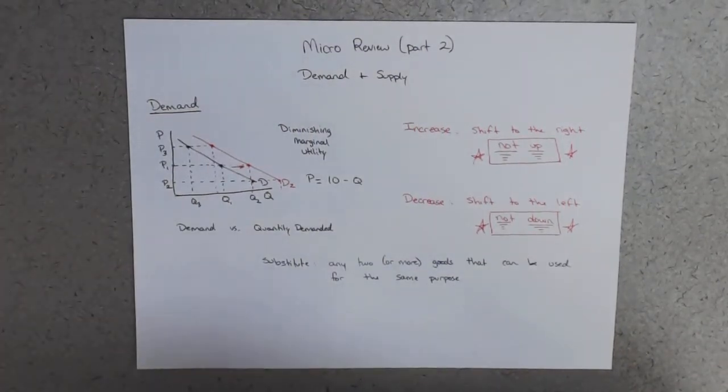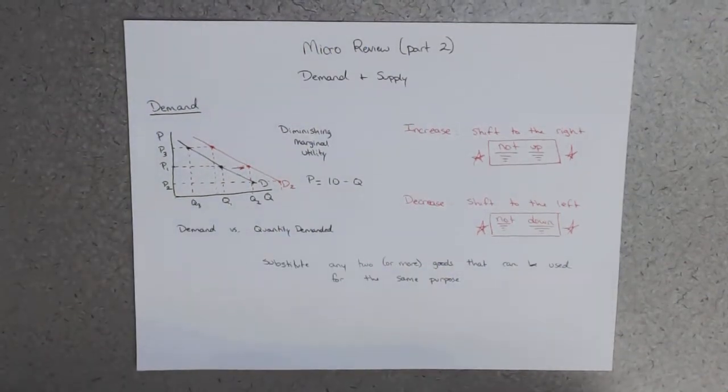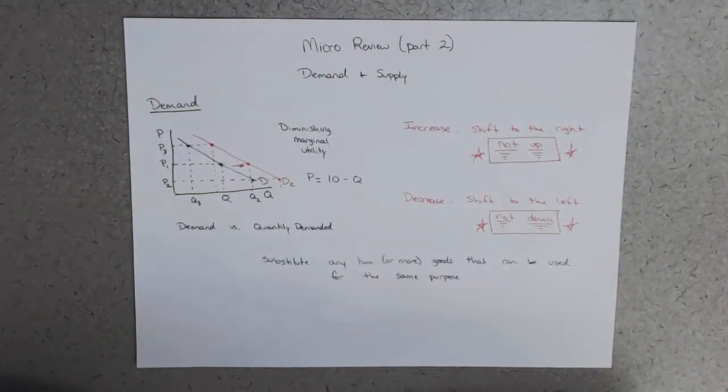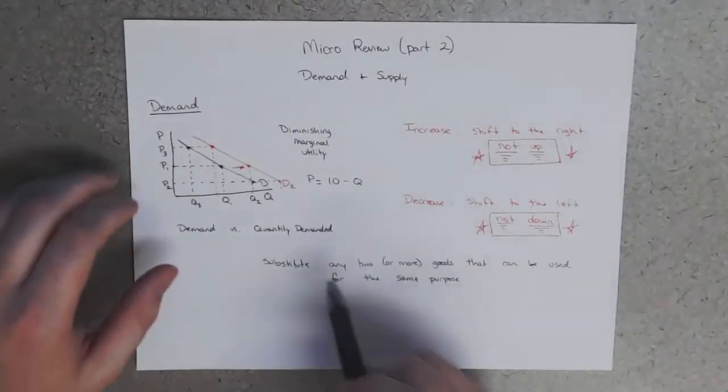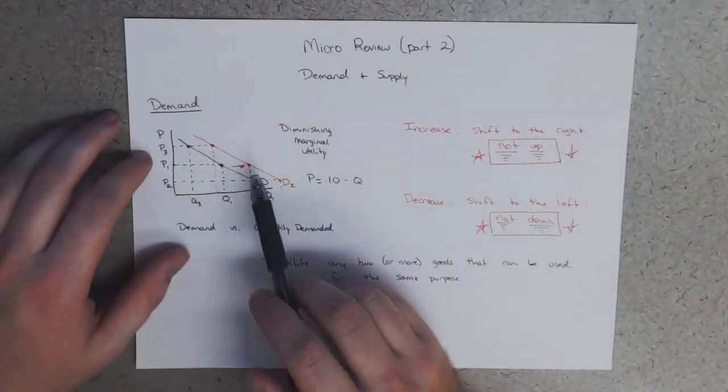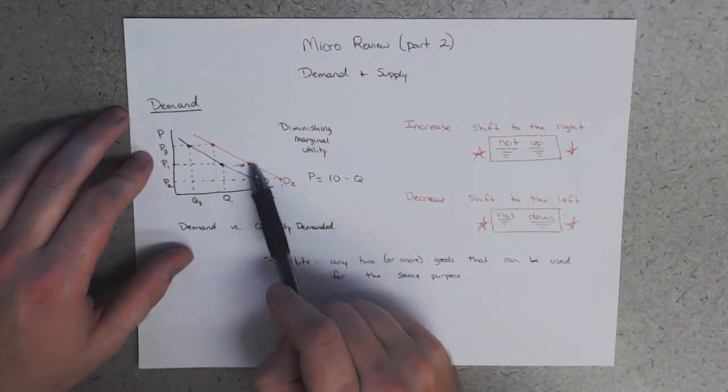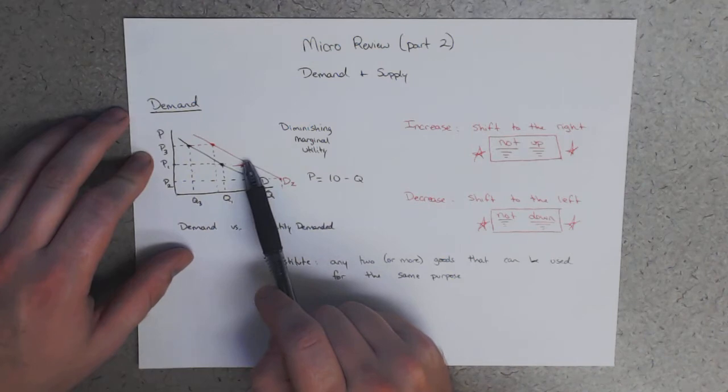If the price of Coke increased to $20 per bottle, what would you do? You'd probably switch to drinking Pepsi. And so if the price of Coke increased, your demand for Pepsi would increase, as you would switch to drinking Pepsi.